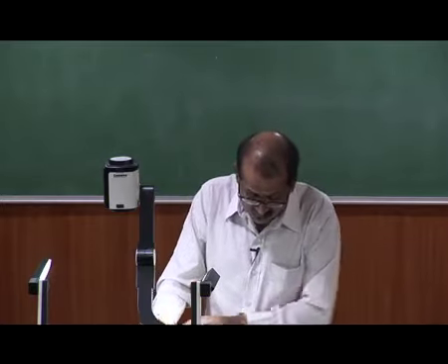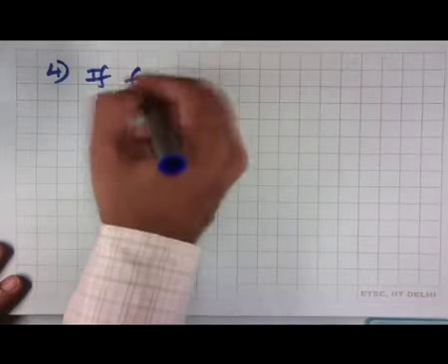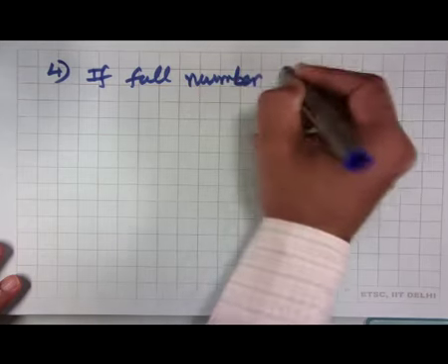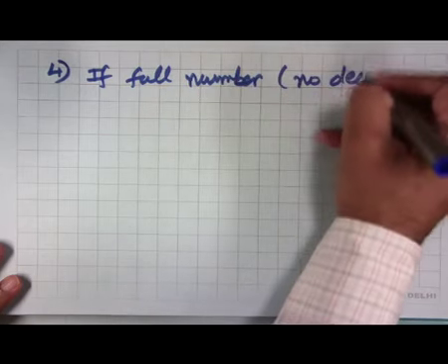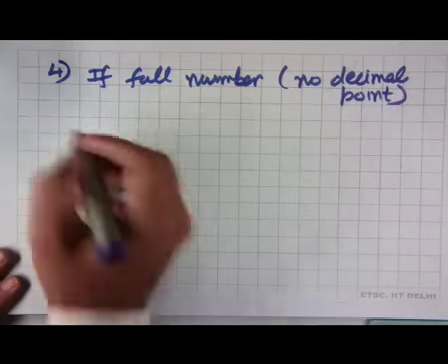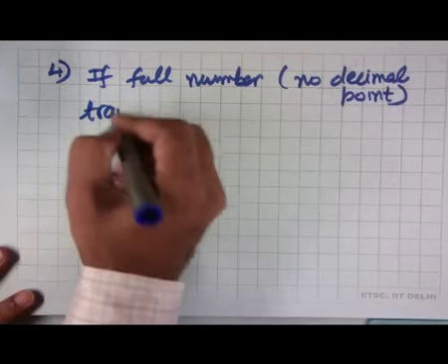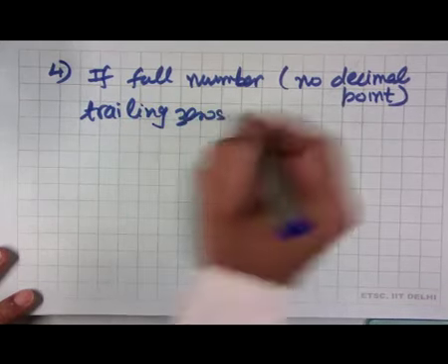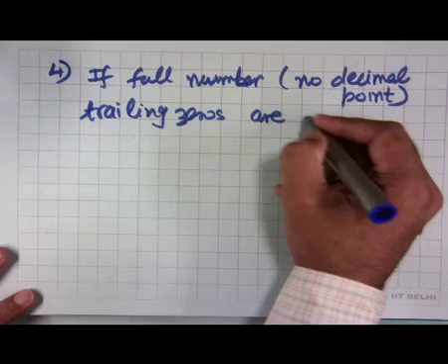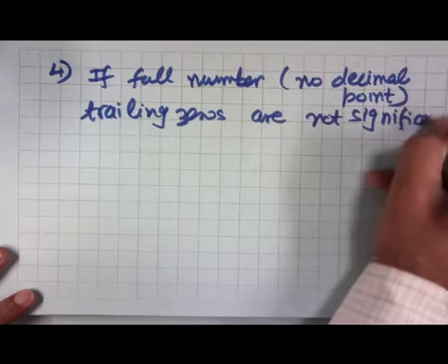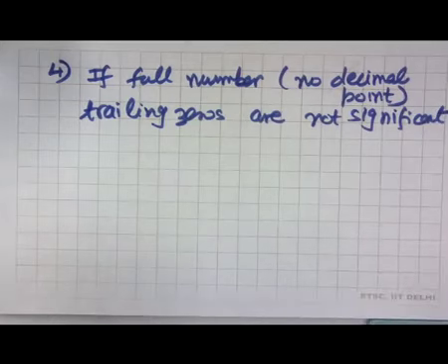Now, the fourth rule is, if there is a whole number, that means there is no decimal point, then if it ends with zeros, the trailing zeros are usually not significant, unless the measurement has been taken up to that accuracy.